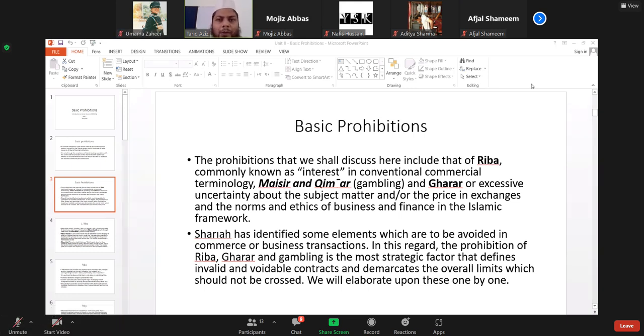Okay, thank you. Sharia has identified some elements which are to be avoided in commerce or business transactions. In this regard, the prohibition of riba, gharar, and gambling is the most strategic factor that defines invalid and voidable contracts and demarcates the overall limits which should not be crossed.